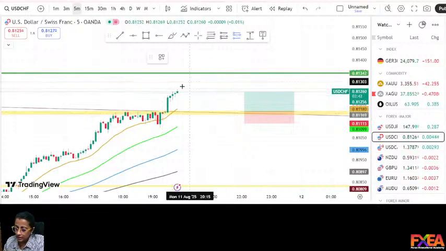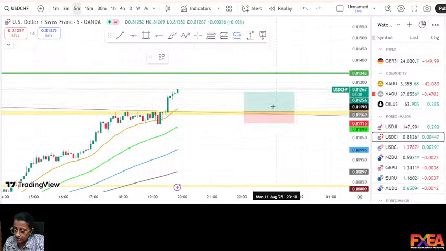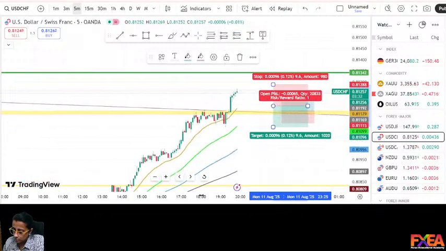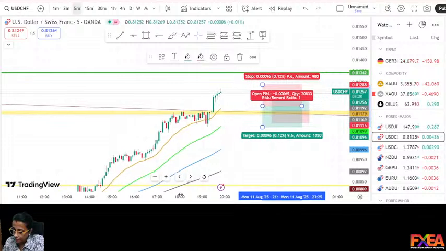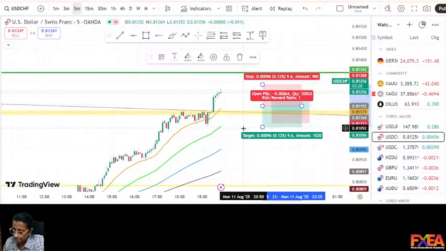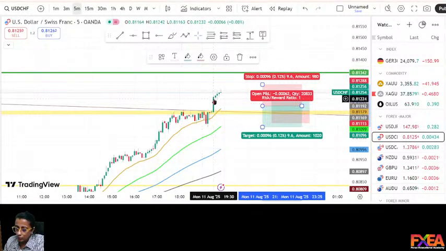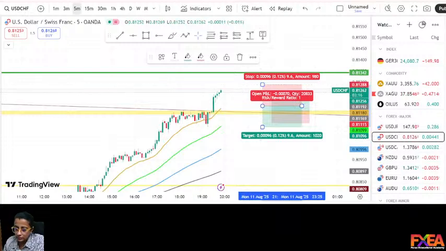But I think I had taken a wrong trade there. Now I have only one open trade, the USD CHF trade, but it is not a convincing trade. Let us see what is happening.